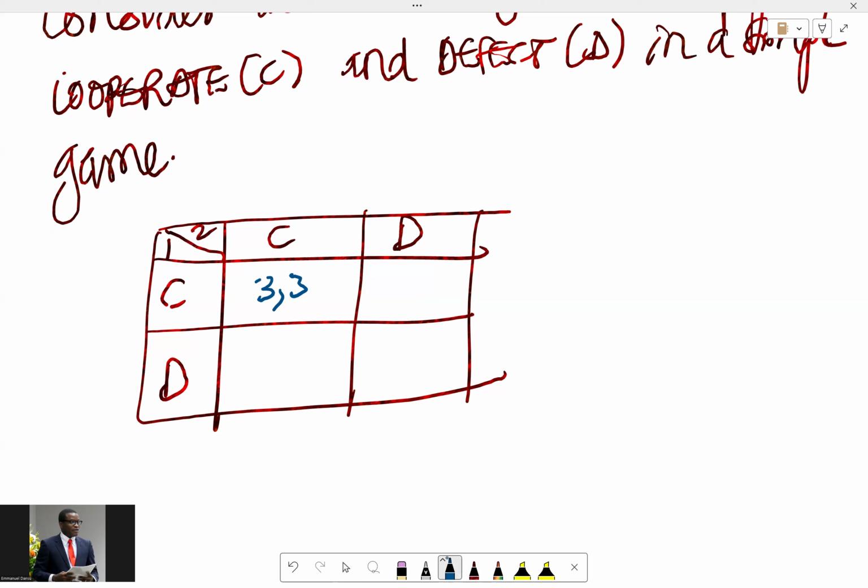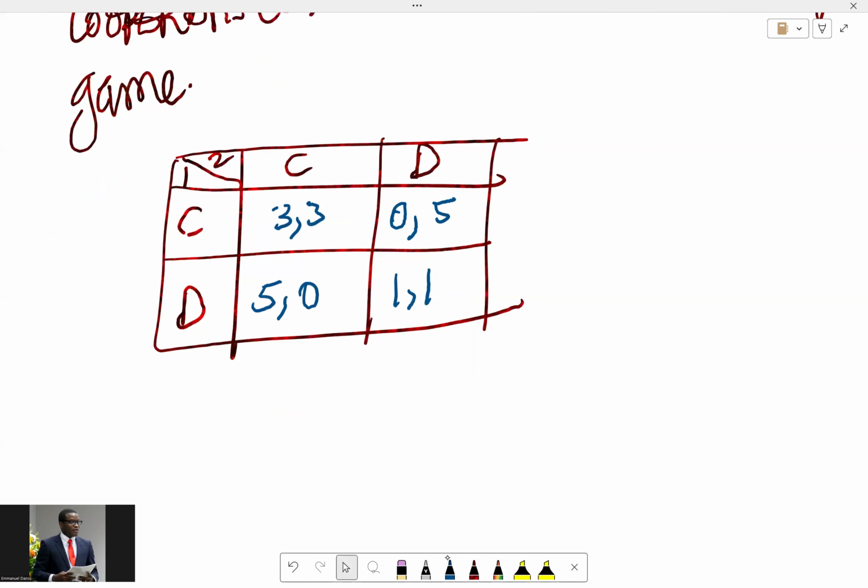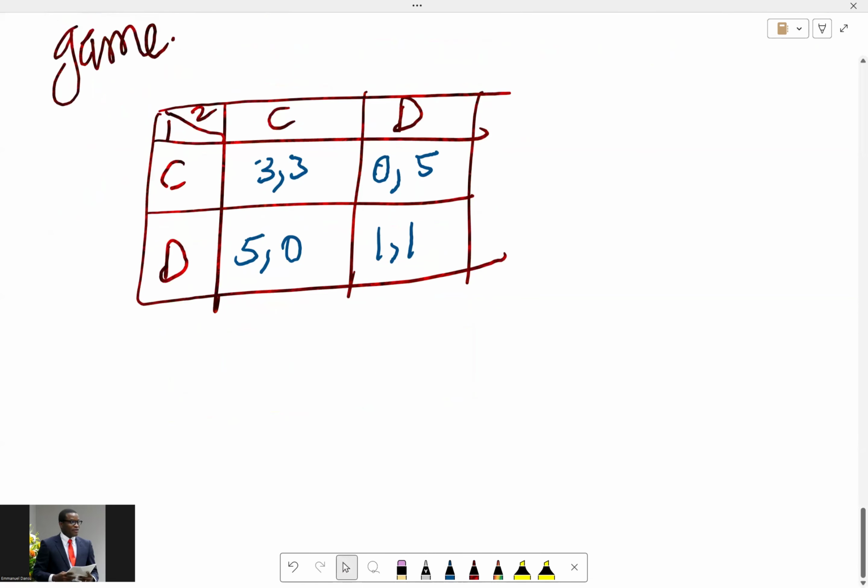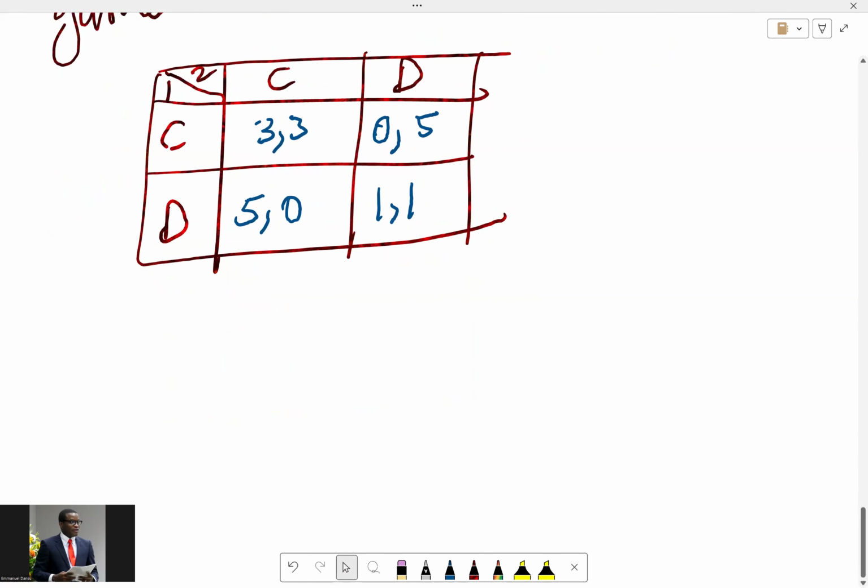When player one cooperates and player two defects, player one gets 0 and the defector gets 5. When player one defects and player two cooperates, player one gets 5 and player two gets 0. And if they both defect, they both have 1 point each. So this is the concept right here. We have that kind of payoff matrix.